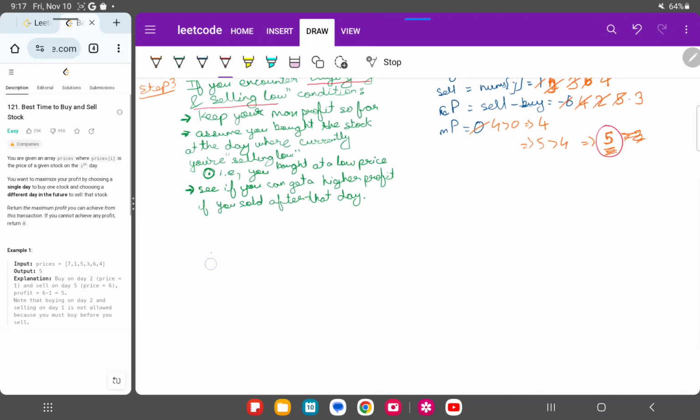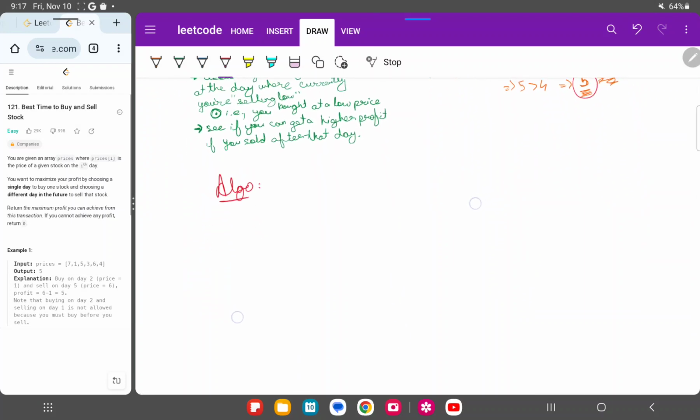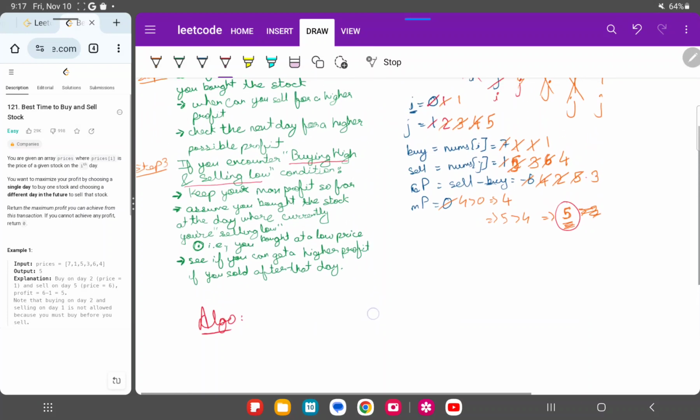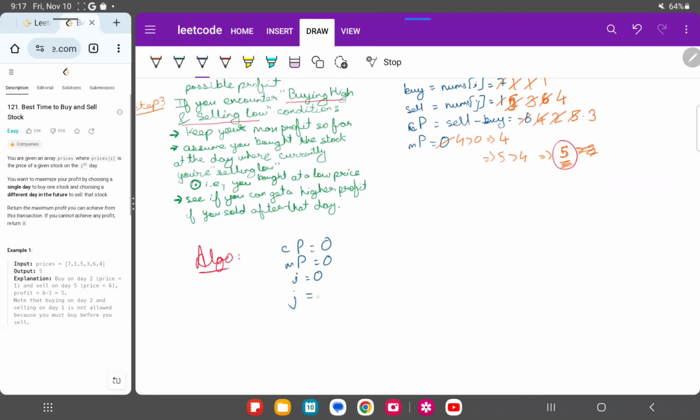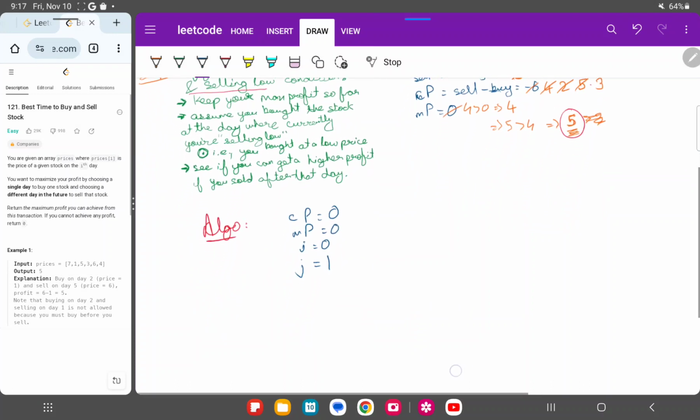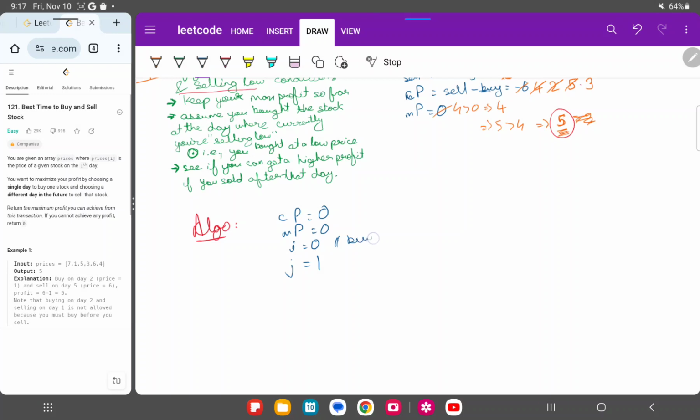So what is the algorithm for this? The algorithm is simply: current profit you initialize to 0, maximum profit you initialize to 0. You start from the first index and check whether you can buy on that day and then sell on the next day. i is basically buy day and j is sell day.